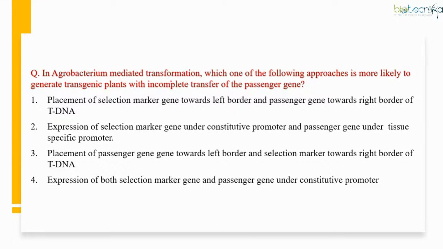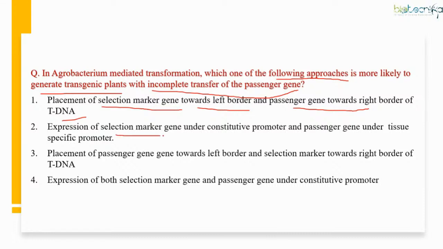In Agrobacterium mediated gene transformation, which one of the following approaches is more likely to generate transgenic plants with incomplete transfer of passenger gene? Placement of selection marker gene towards left border and passenger gene towards right border of the tDNA.